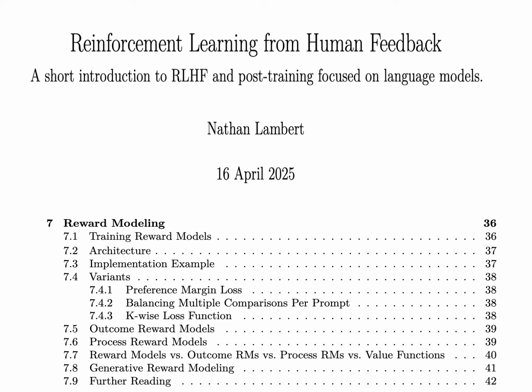Outcome reward models, ORMs, predict the probability that an answer is correct on a per-token basis. Training relies on labeled outcome pairs, e.g., success-failure, in verifiable domains. The structure involves a language modeling head trained with per-token cross-entropy, where each label corresponds to the final outcome.